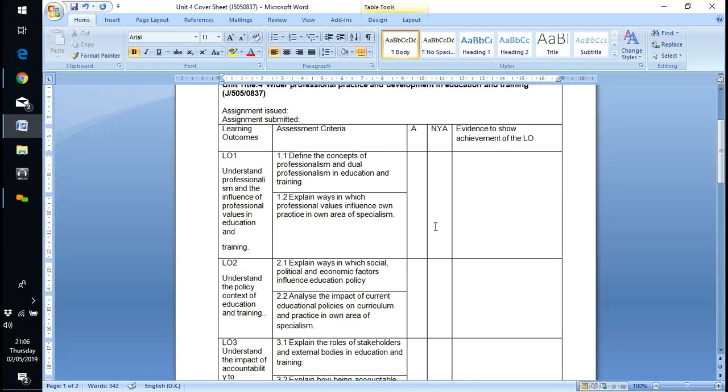And then, once you've defined those, it's just to explain ways in which those professional values influence your own practice and the way you work. Anybody who is into teaching in any way or form, whether it's a trainer in a training school or a professor in a university, will have that degree of professionalism.